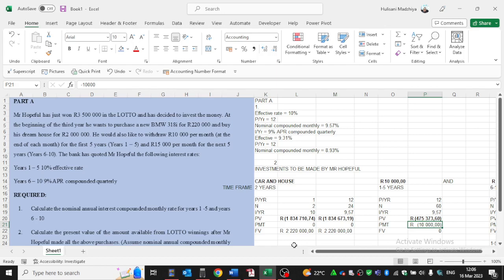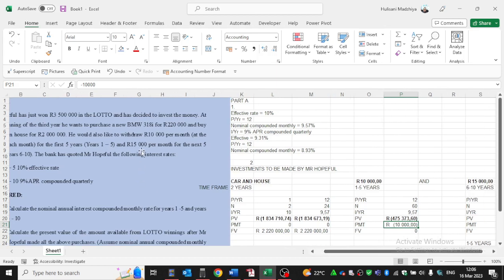And then we can move forward to the last part, which also becomes a bit tricky for those who will miss the time frame. The time frame for the 15,000 says that it is 15,000 per month for the next 5 years, which is year 6 to 10.